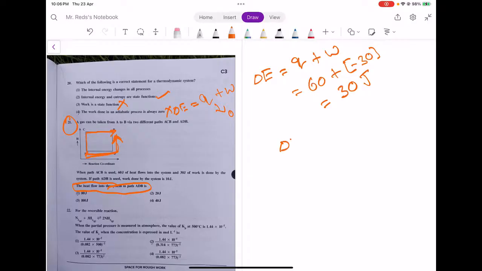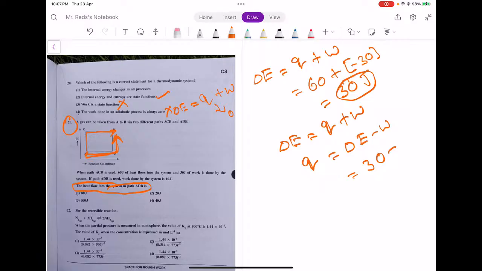Delta E is equal to Q plus W, once again writing the first law of thermodynamics equation. Q is the heat flow into the system in path ADB, so Q equals delta E minus W. Here delta E I found to be 30, minus the work done.